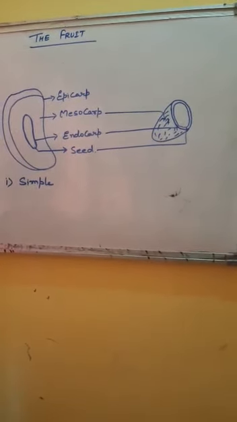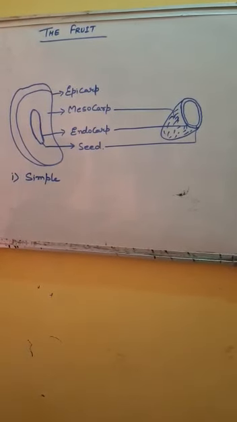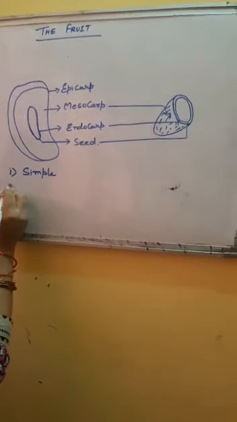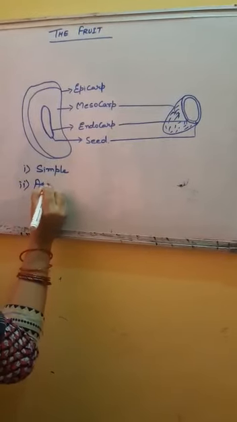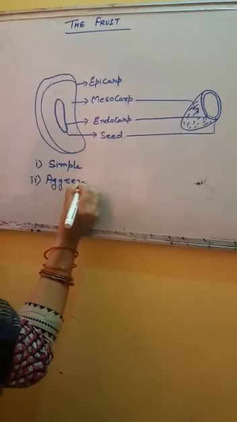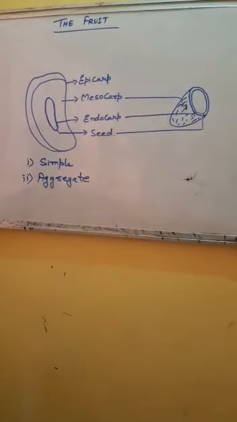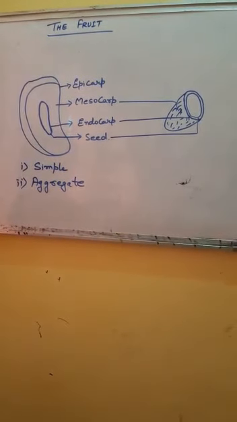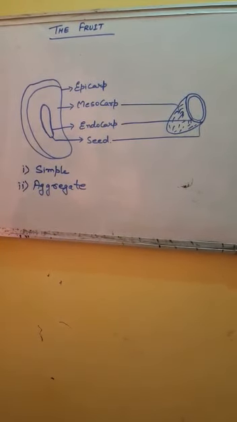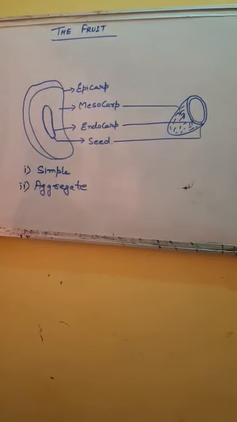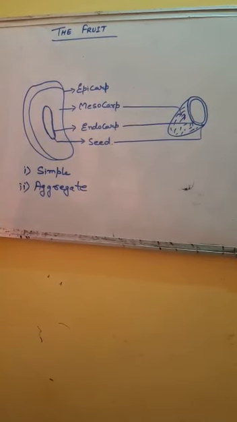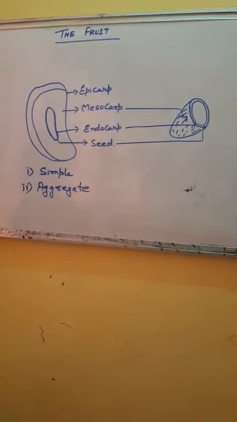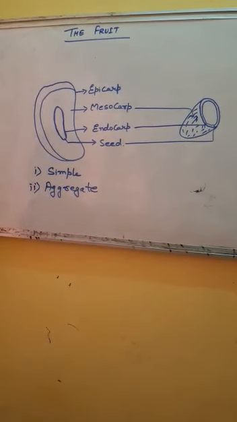The second type of fruit is called aggregate fruit. Aggregate fruits are the fruits which develop from polycarpellary and apocarpous flower, where more than one pistil is present and all those pistils are free.